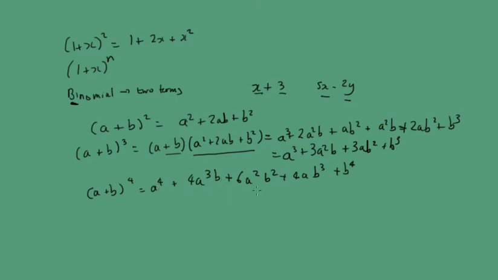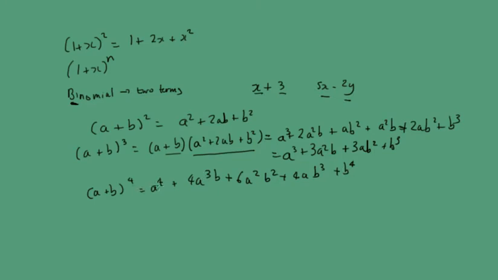So let's look and see if we can find any patterns. Let's look at the powers. This is raised to the n, in this case 4. Look at the powers of a: 4, 3, 2, 1, and then a to the power 0 would be 1. Now look at the b powers. b to the power 0 would be 1, so 0, 1, 2, 3, 4.